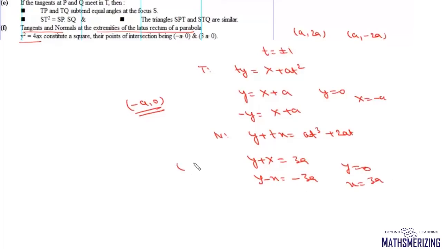So the point of intersection of normals is (3a, 0). So now we have 4 vertices: (minus a, 0), (3a, 0), (a, 2a), and (a, minus 2a).